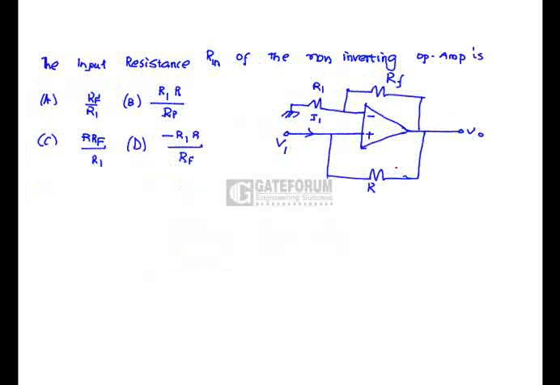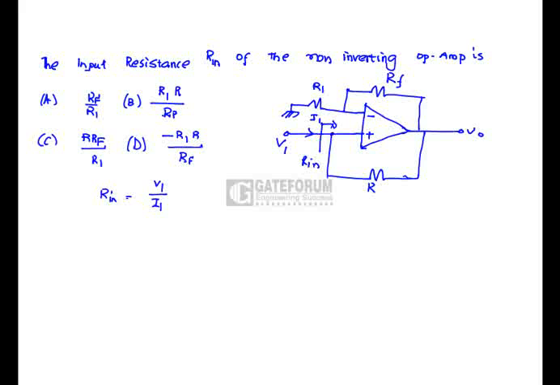Input resistance of a non-inverting op amp is... Here R in is nothing but this. So R in equals V1 by I1.